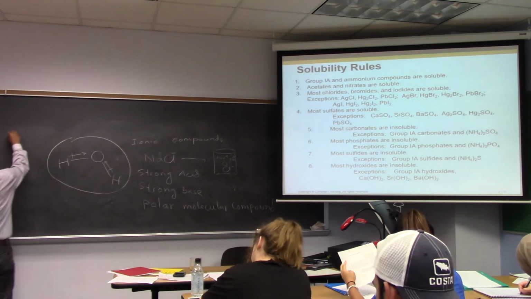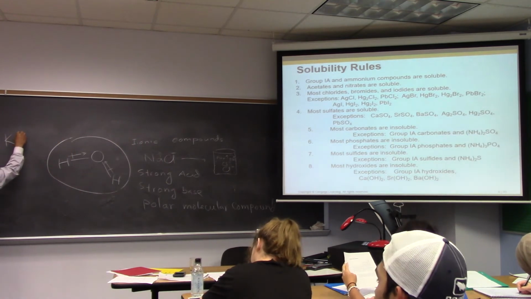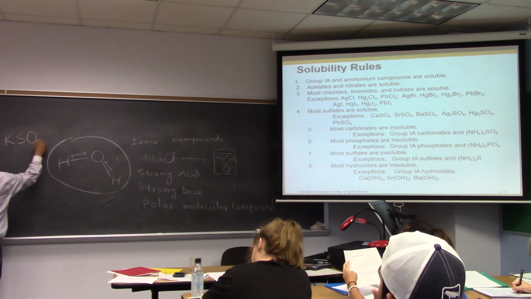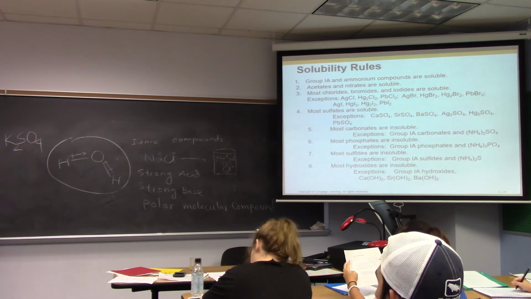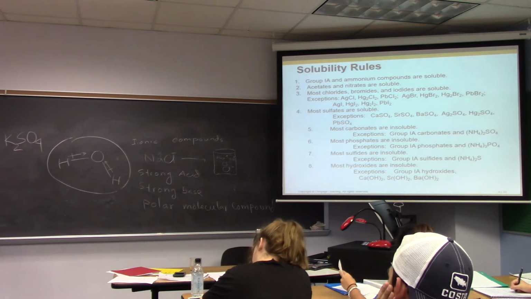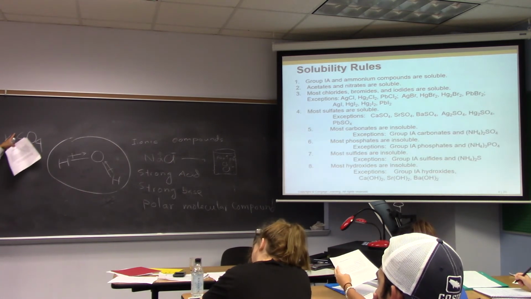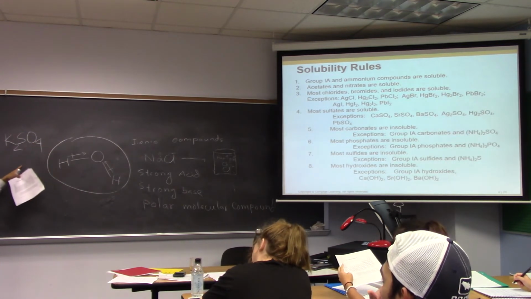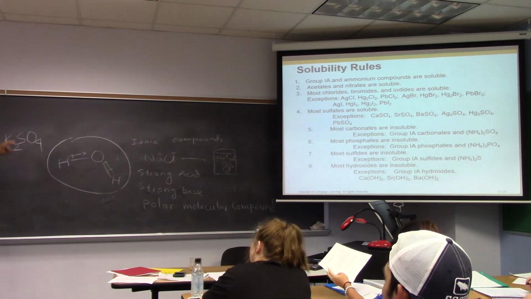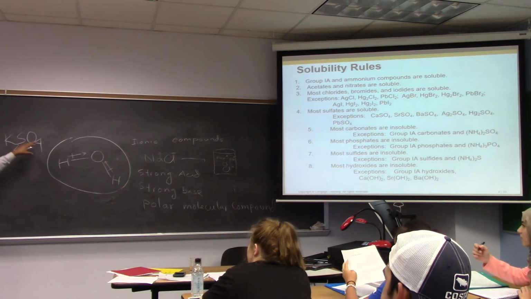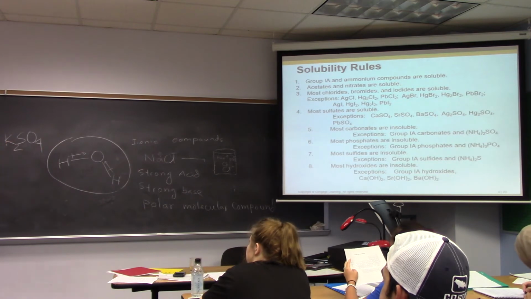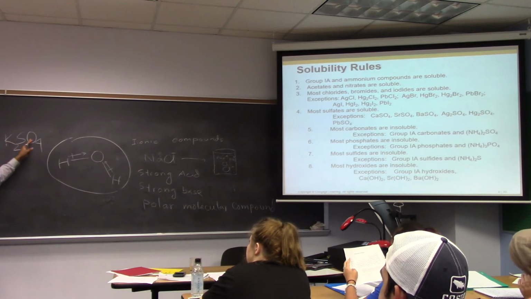So how about if I write potassium sulfate? Is it soluble? It is, because potassium is group 1A, a group 1A metal coming with any non-metal, any anion. Remember that. One is called a cation, the other an anion. The positively charged metal is called a cation. This is called an anion, right?